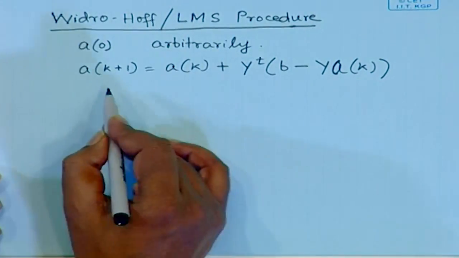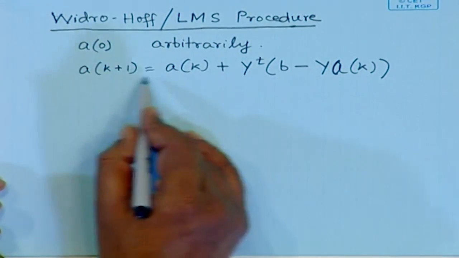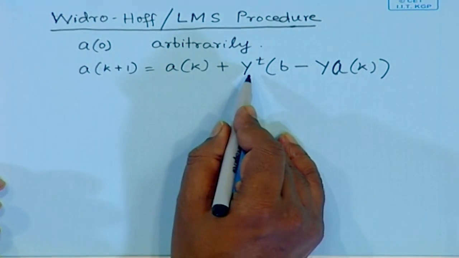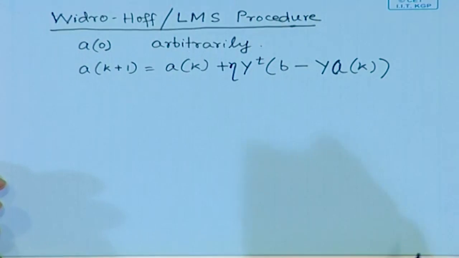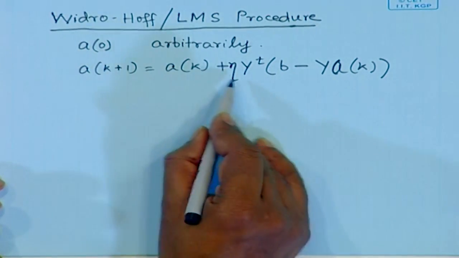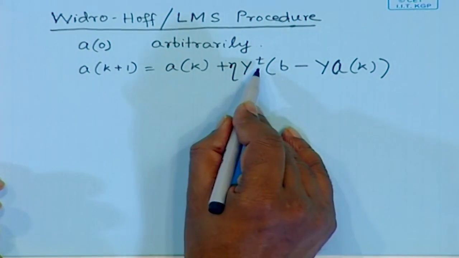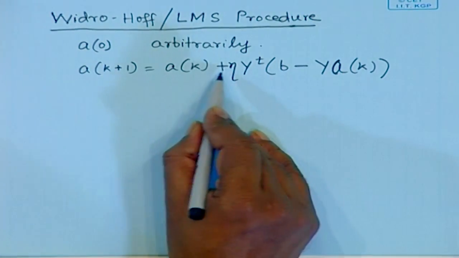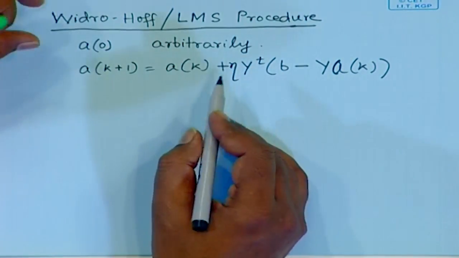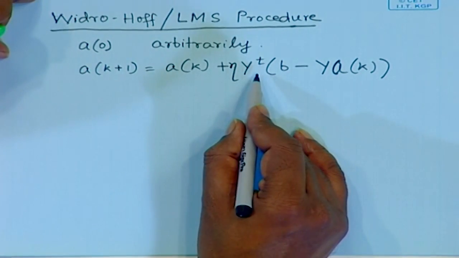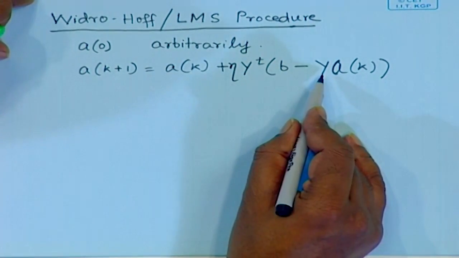Which is nothing but this: a k plus 1 will be equal to a k plus eta times y transpose. Initially, it was negative, y a minus b, which will now be b minus y a, because I have made it positive. So, this is eta y transpose (b minus y a k).